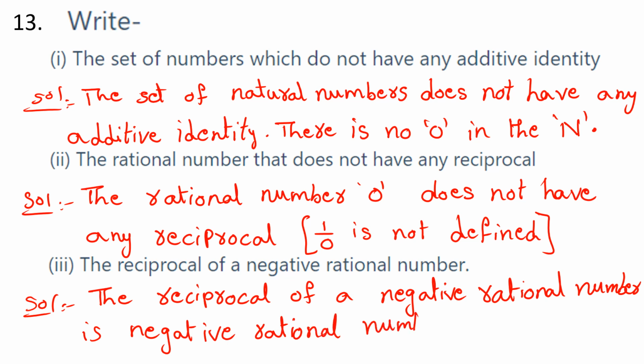Look at that example. The reciprocal of minus 2 by 5 is minus 5 by 2. There is no change in the sign, only the fraction should be reciprocal, that's it.